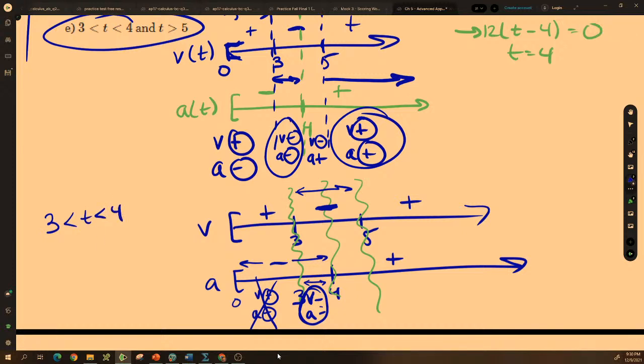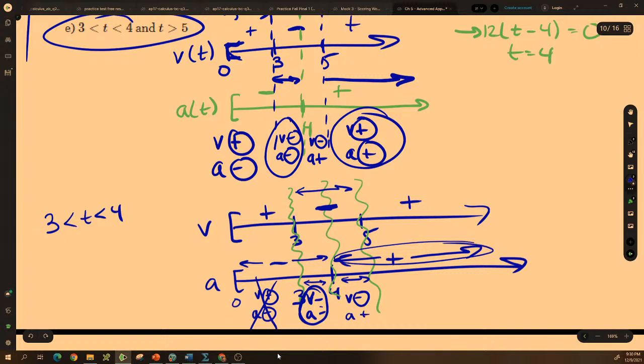Okay. My next section is between 4 and 5. For 4, my velocity is still negative. But now after 4, my acceleration is positive. So these are opposite signs. It doesn't work. And after 5, that's my last interval, from 5 on.